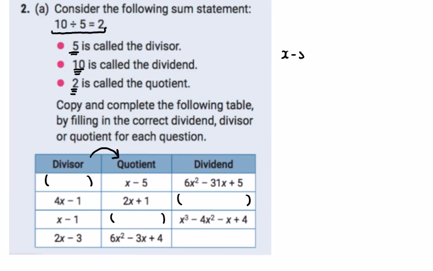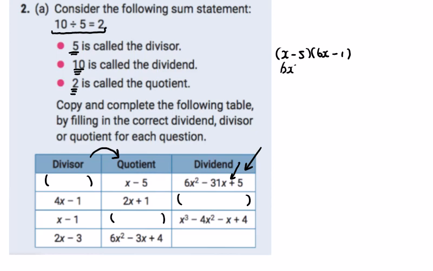We could say something by x minus 5. It has to give this 6x squared, so it has to be 6x to give 6x squared. It has to be minus 1 to give plus 5 at the end. This plus 5 here.